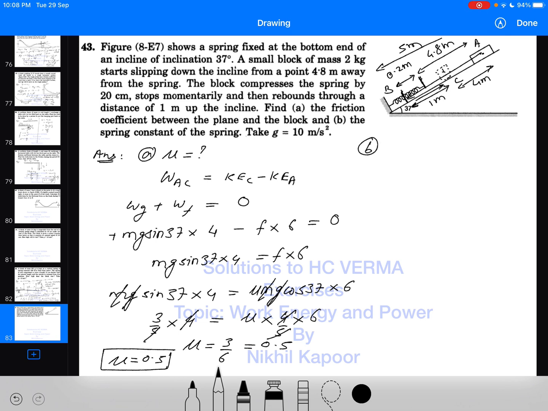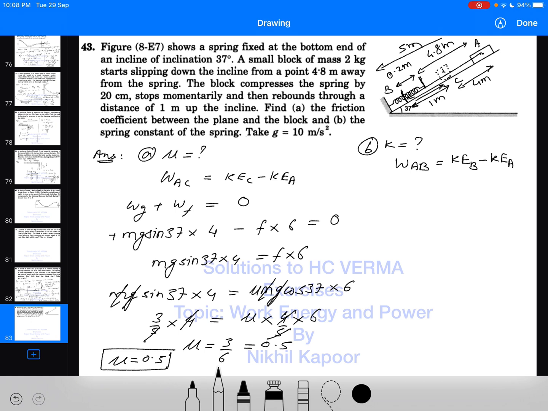Now let's find the spring constant. The spring constant can be found by applying the work energy theorem between points A and B. So net work done would be equal to kinetic energy at B minus kinetic energy at A, that is final KE minus initial KE.